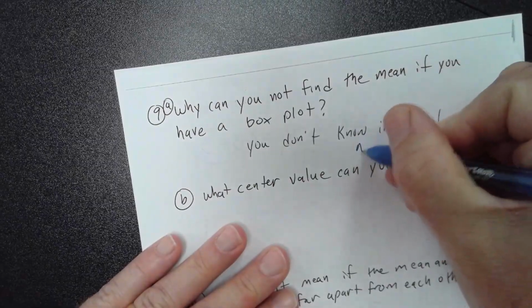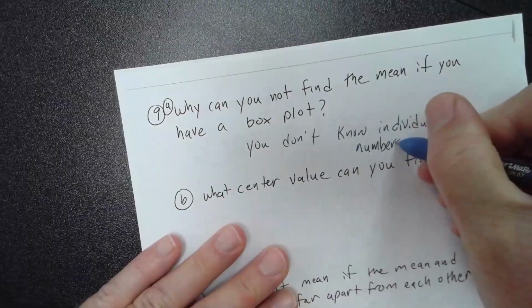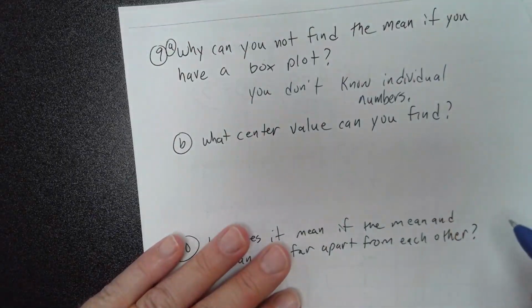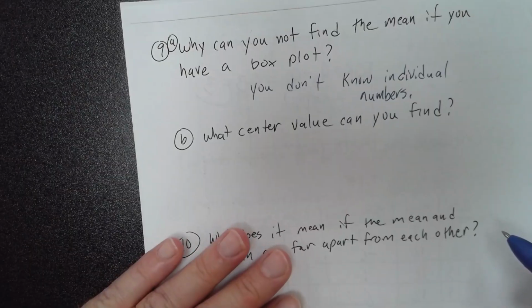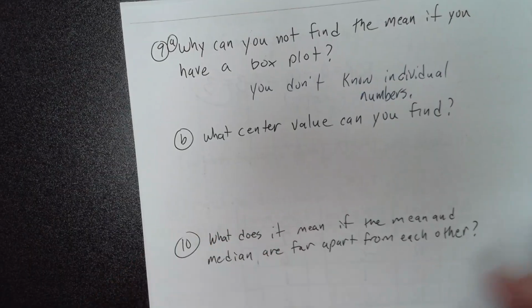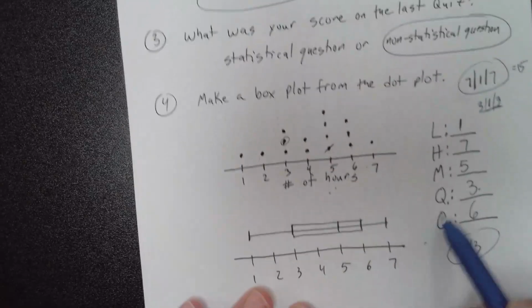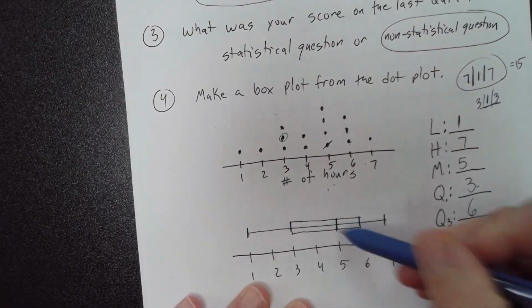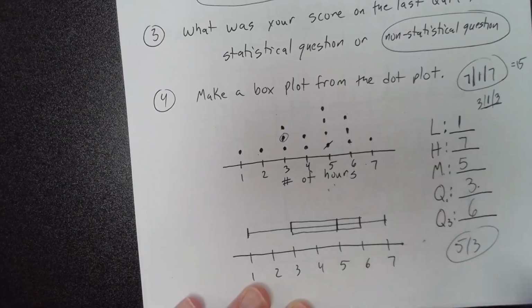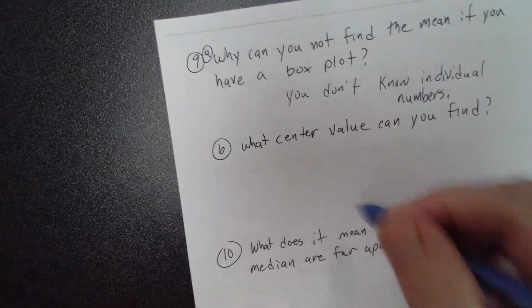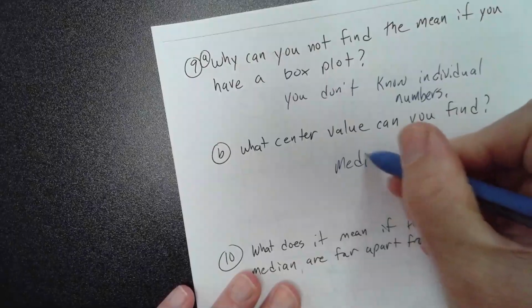What center value can you find? Well, the only center value you can find, which is what we found right there, is the median, right? M stands for median. So you can find the median.